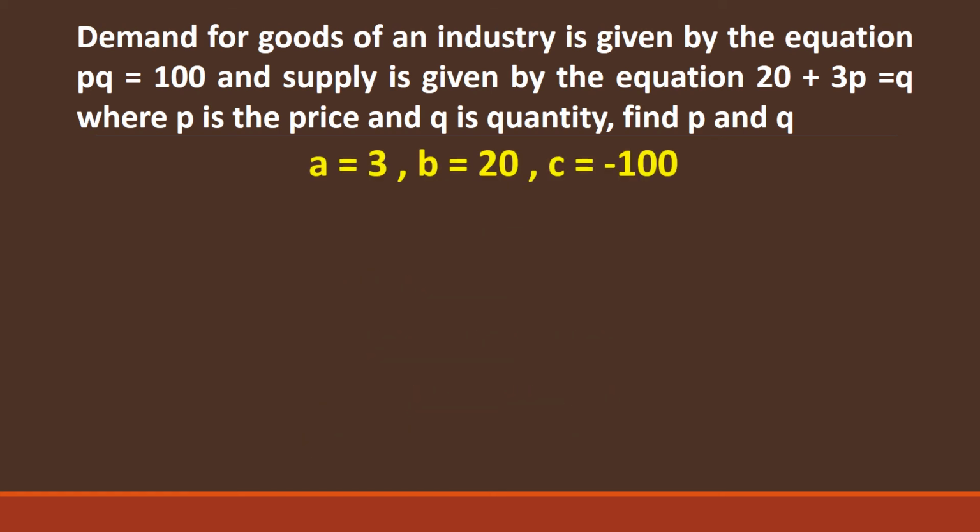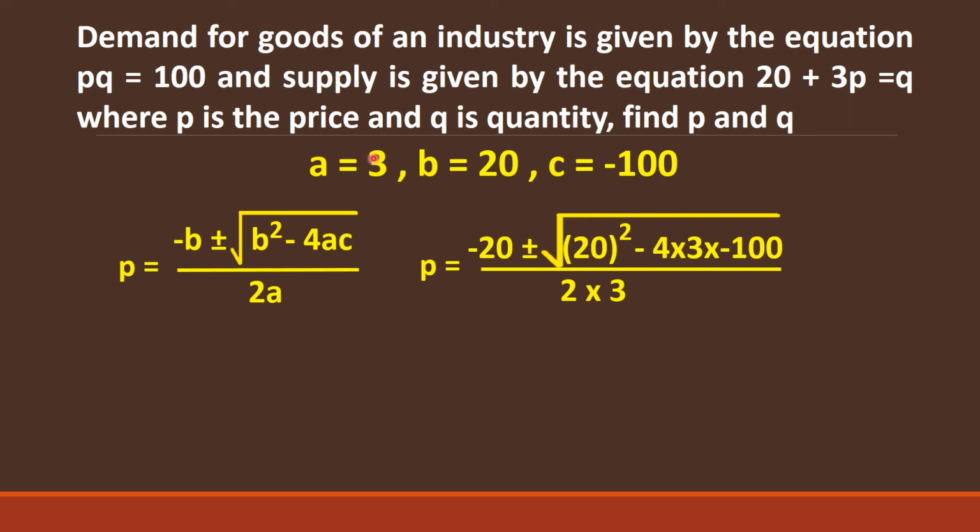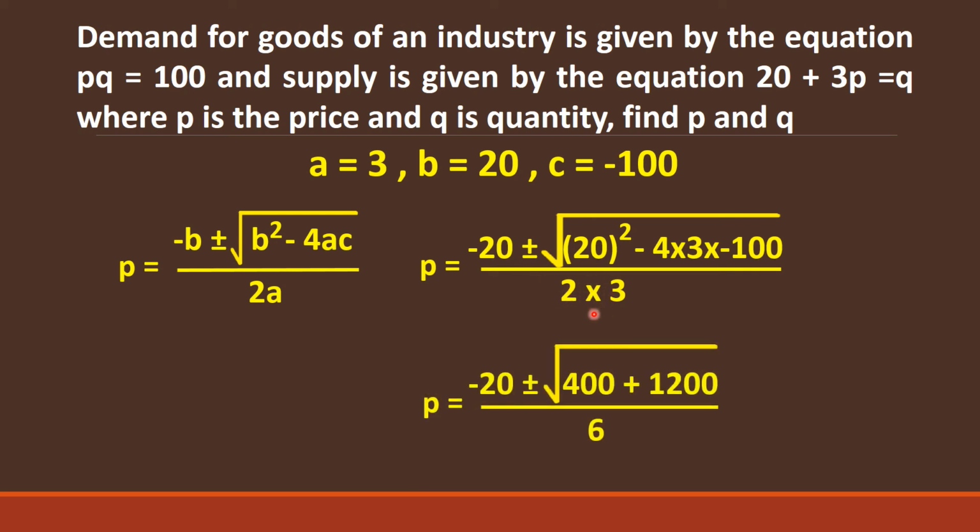And now let us apply the quadratic formula for solving this quadratic equation. Thus, these values are put in the formula. We get minus 20, that is minus b. So, minus 20 plus or minus square root of b square, 20 square, minus 4ac. So, 4 into 3 into minus 100, divided by 2a, so 2 into 3.